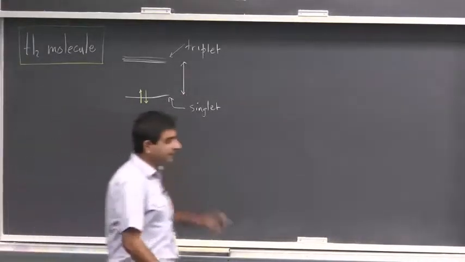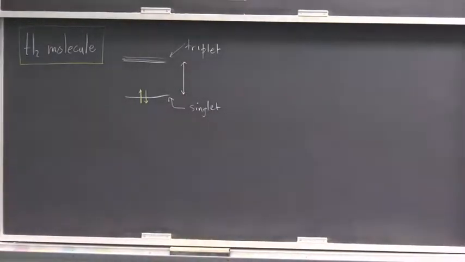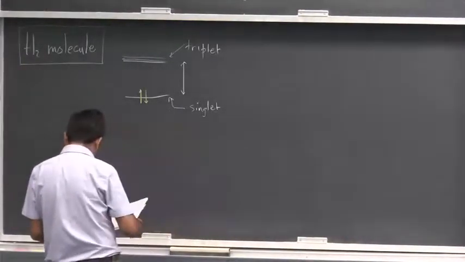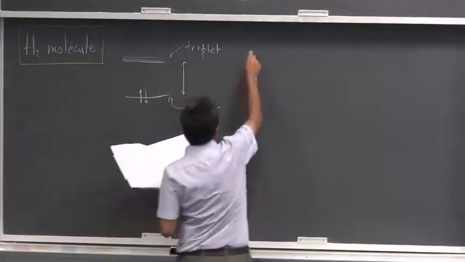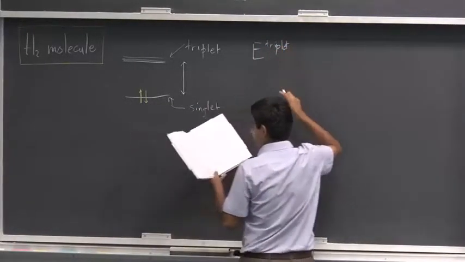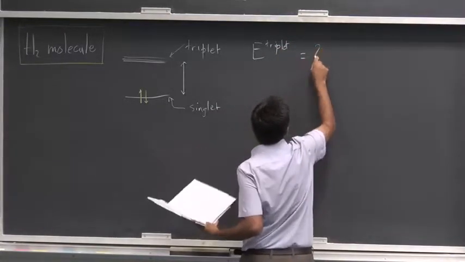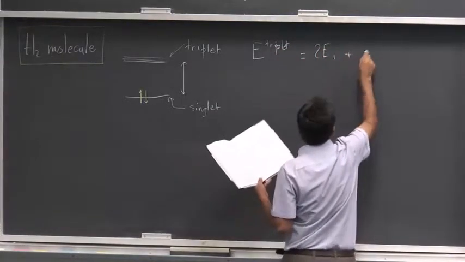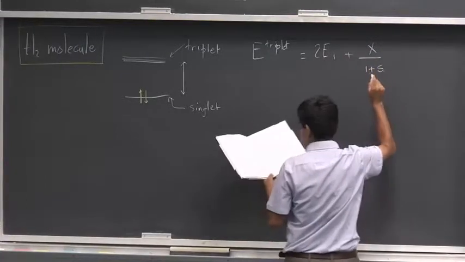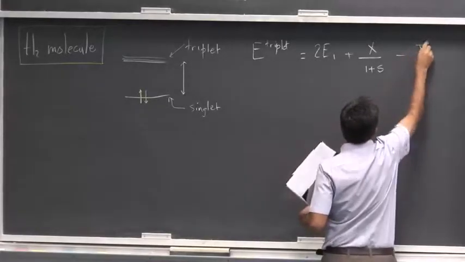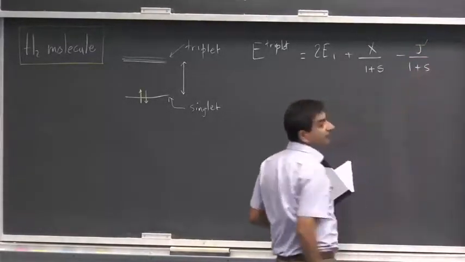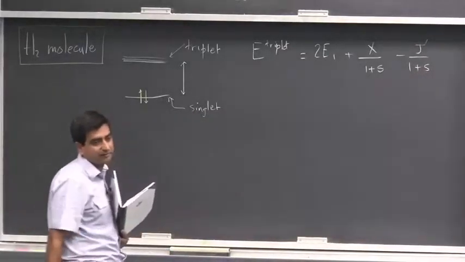Now this energy separation turned out to be the following. The energy for the triplet was given by 2E1 plus X over 1 plus S minus J' over 1 plus S. This is something we will calculate in class.